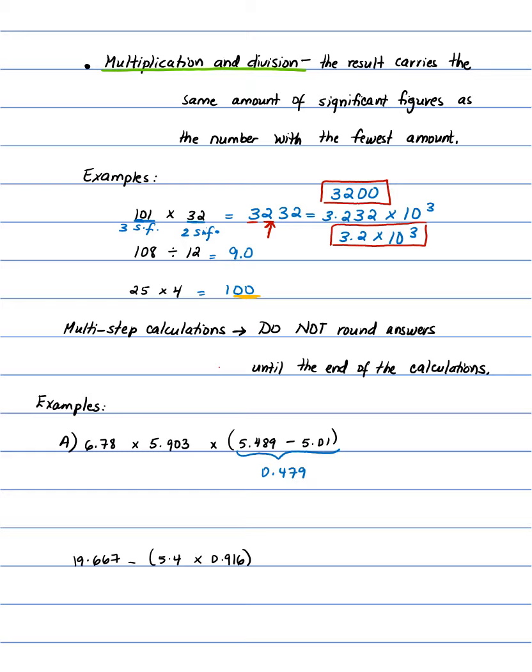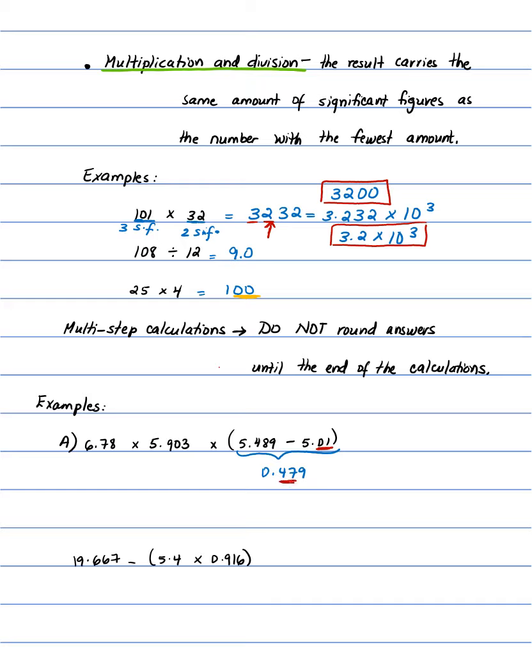Now, that's a subtraction. You have a number 5.489 with 3 decimal places. 5.01 is a number with 2 decimal places, which means that I'm getting a number right there with 3 decimal places. Out of the 3 decimal places, only 2 of them are significant because you have 2 decimal places in that number.